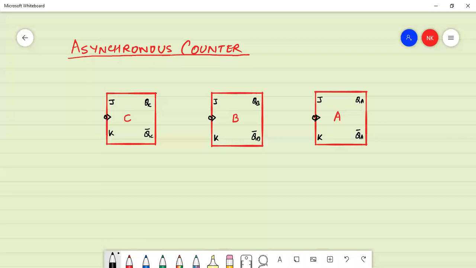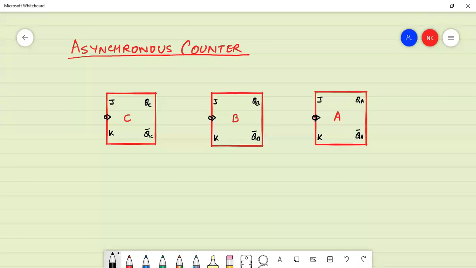As I have already told you, these flip flops may be master slave JK flip flops. In that case, the inputs given to all these flip flops are 1.